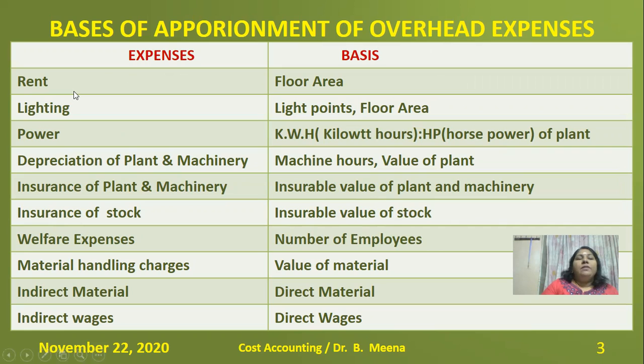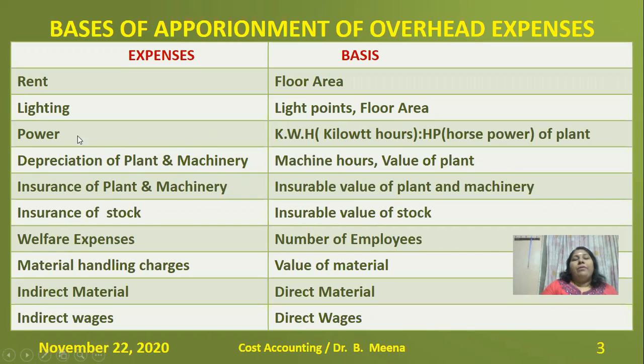You need to apportion between the production and service departments on the basis of floor area. Lighting, if it is given, you can apportion on the first option, the light points. If the light points information is not available, then only you can select the basis as floor area.